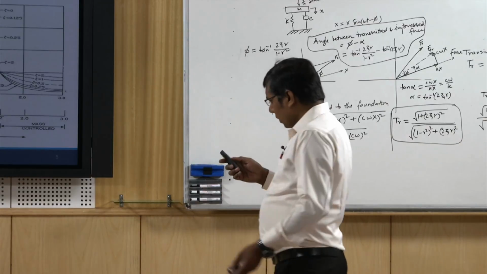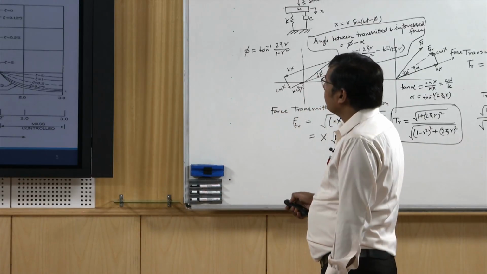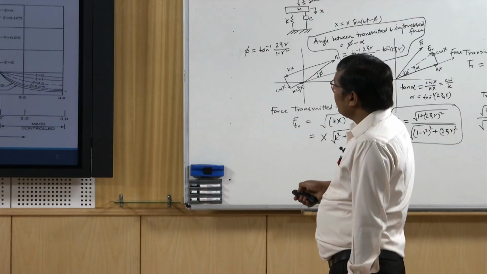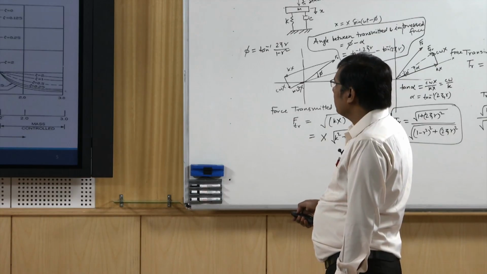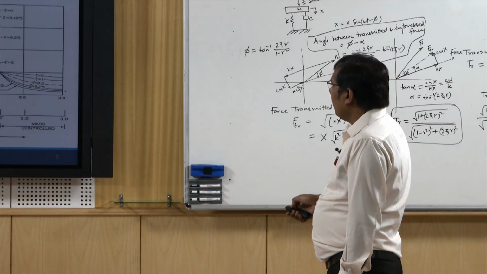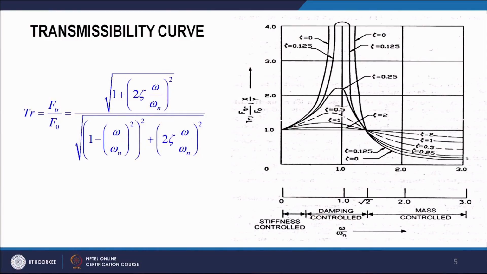So if we see this curve, what we see is that at r equal to 0 the transmissibility is 1, and again at r equal to root 2, the transmissibility is 1.